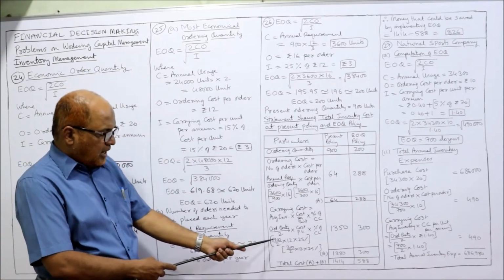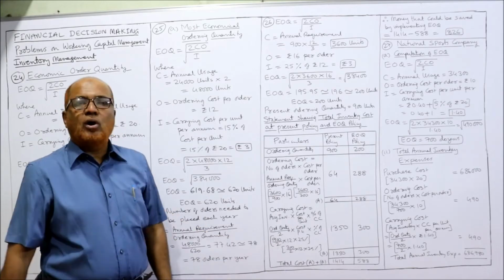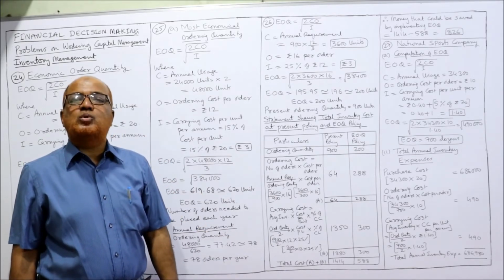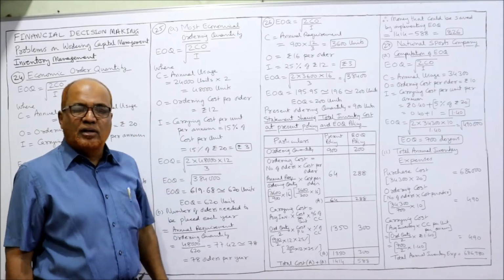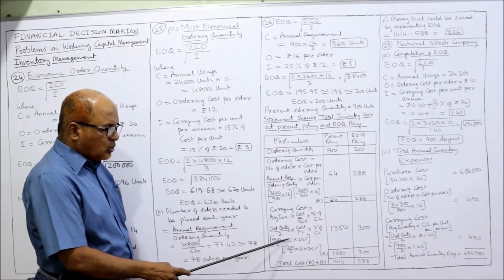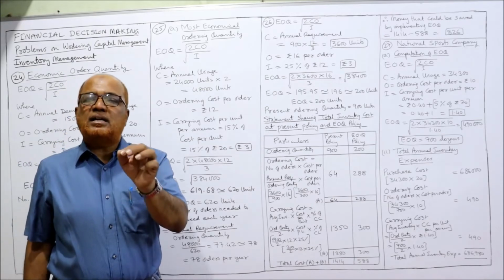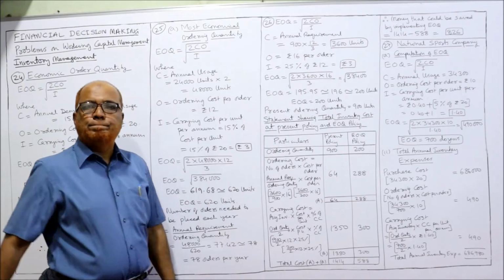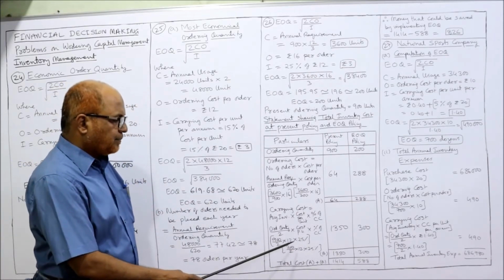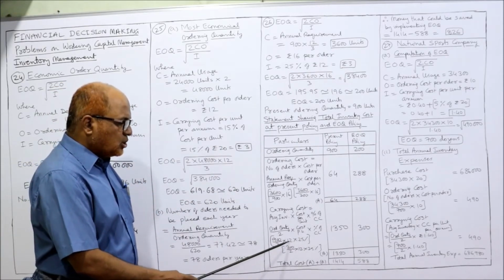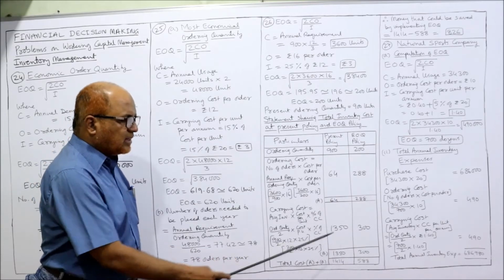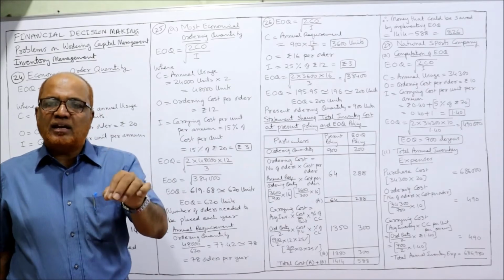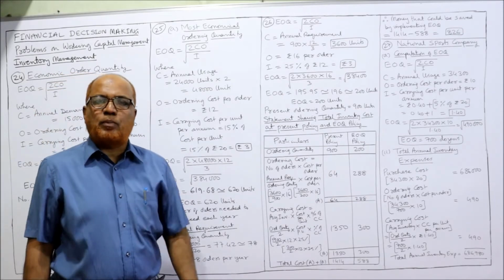Here you can see 900 divided by 2 into cost per unit. The cost per unit is given in the problem, 12 rupees per unit. So 900 by 2 into 12 rupees into the percentage of carrying cost, that is 25%. So 900 by 2 into 12 into 25%, you will get 1350. 1350 is the carrying cost we are incurring under the present policy.